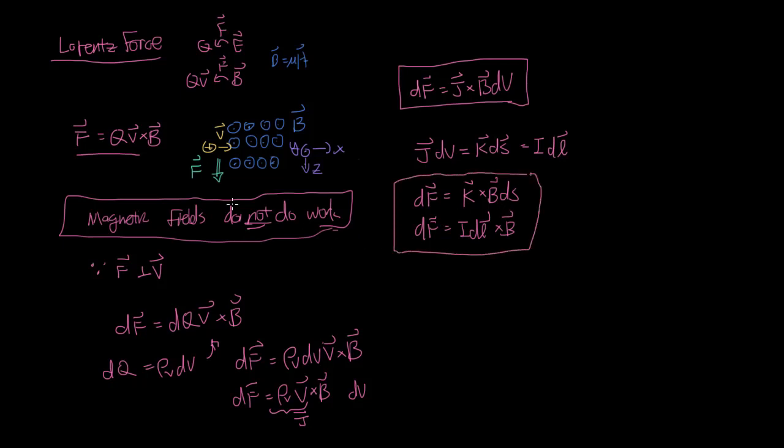So here we have the general form for a single charge, qv cross B, that allows us to calculate the force. But if we want to break it down into an elementary charge or an elementary current component, we also have this in terms of I, so I dl cross B would be df, also sheet current density, and overall regular amps per meter squared current density.